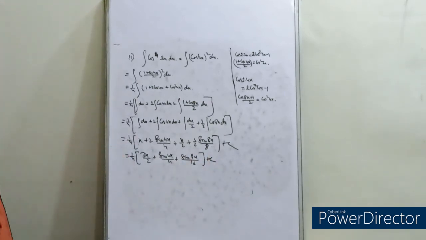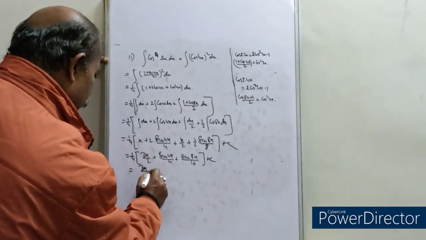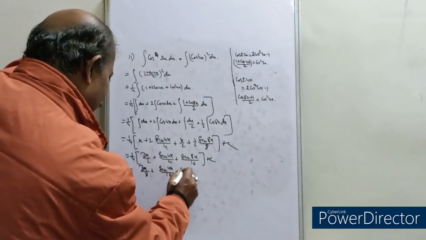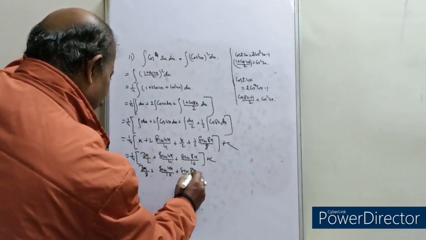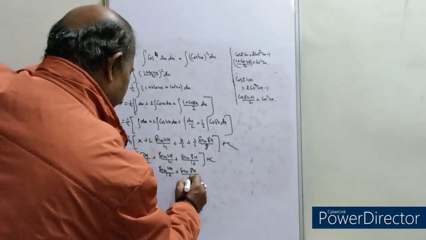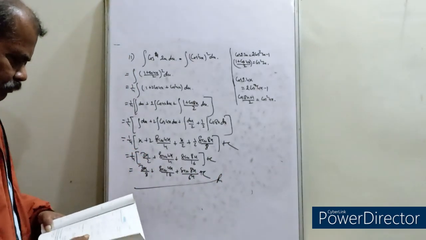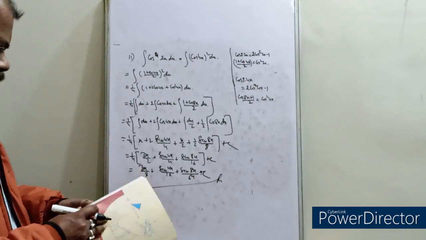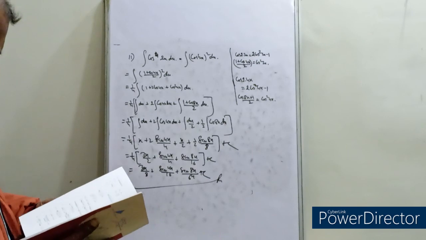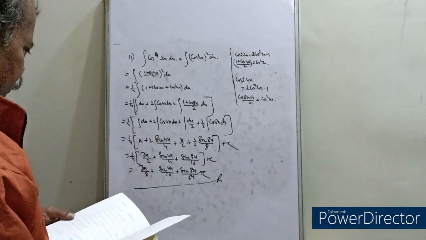You open the bracket, here it becomes 3x by 8 plus sine 4x by 16 plus sine 8x by 64 plus c. This is your answer. So let me check the answer here. Exercise 7.3, question number 11, it is correct.